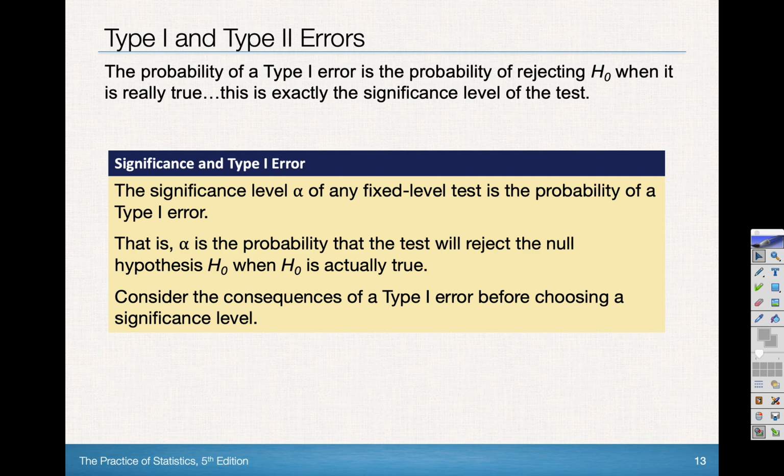So in the context of your study, you'll have to analyze which one is worse, making a type 1 error versus making a type 2 error, and that will help dictate your alpha level. You have to consider the consequences of making a type 1 error and a type 2 error before you choose a significance level. And it really depends on what you're looking at and what field of study you are in real life.